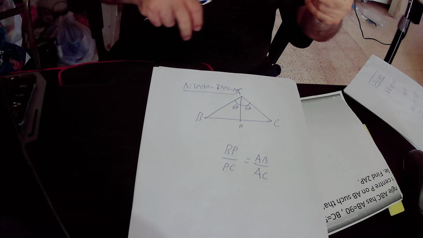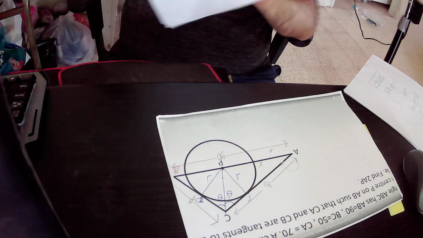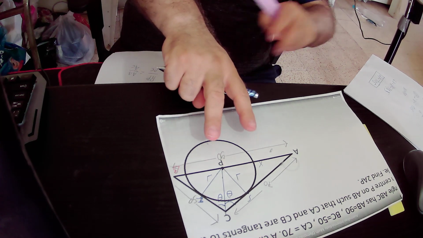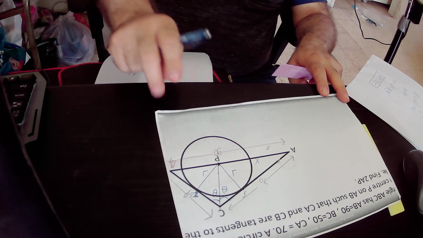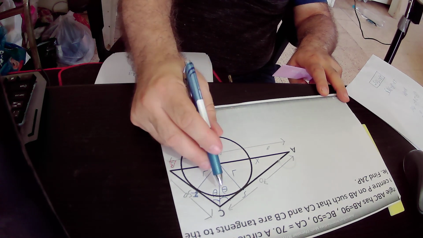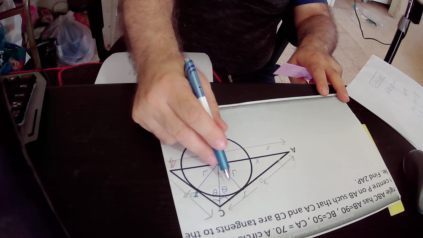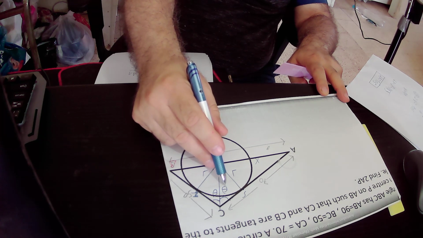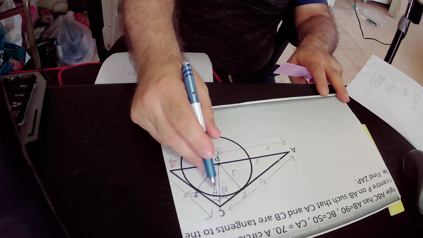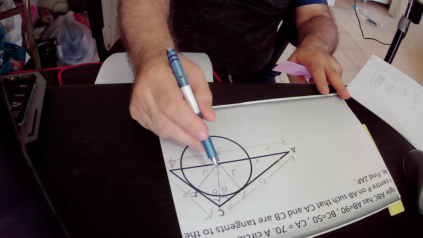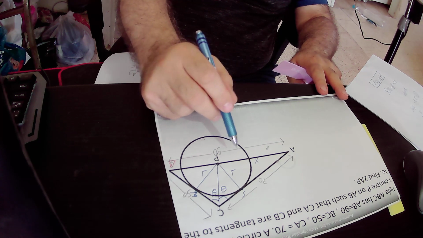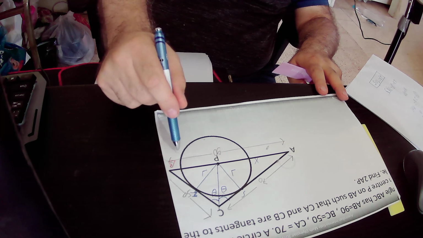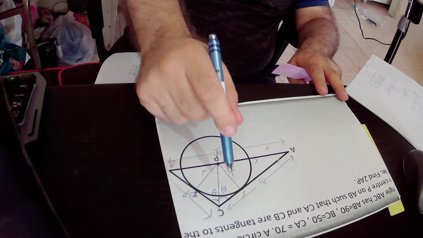So if we return to our specific triangle, in this triangle ABC we have line PC that bisects this angle into two equal parts. This angle is theta and equal to this angle that is also theta. For that reason, the following equation is true: AP over PB equals AC over BC.